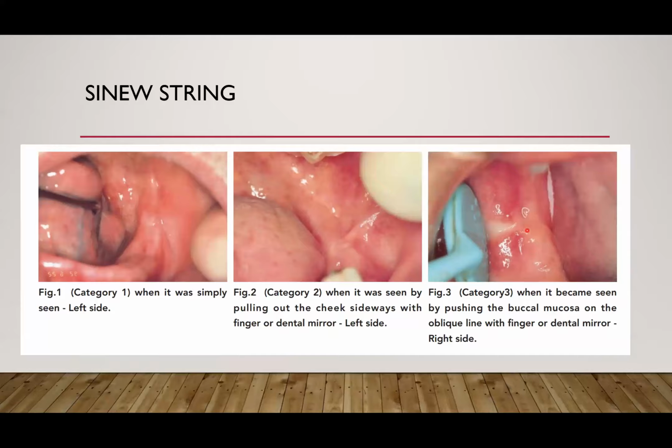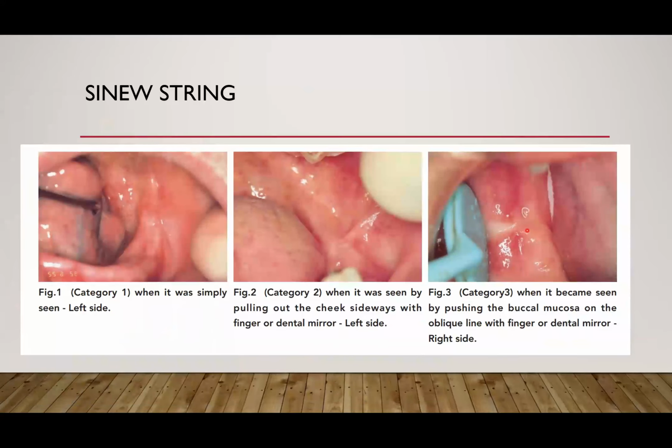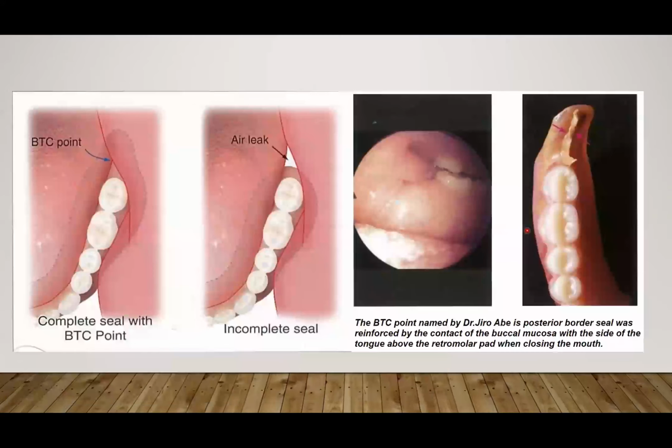So in that case, it is ideal to be precise in recording these regions so that you give sufficient relief for this sinew string and also your retromolar foramen, and we should be cautious enough to record this BTC point also.